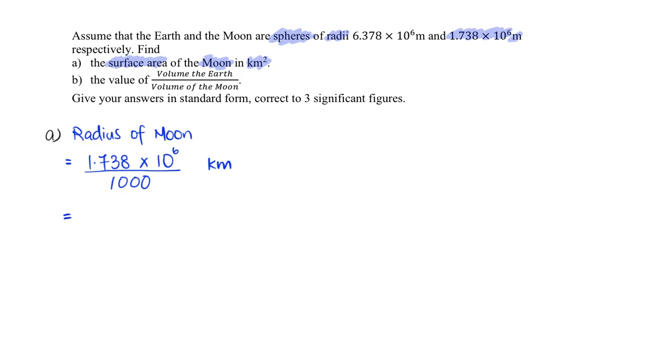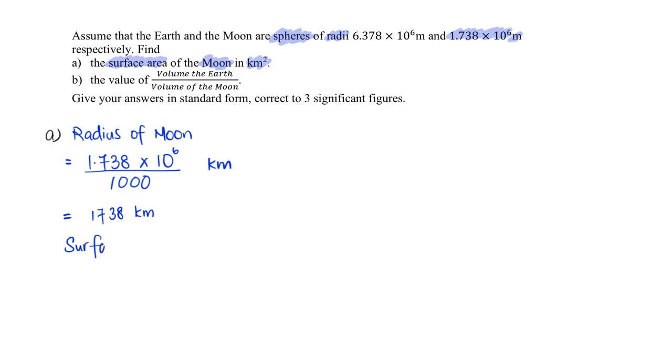So for this particular question, this will give me a value of 1738 kilometer. Okay, now that we have the radius in kilometer, we can then proceed to find the surface area of the moon in kilometer square.